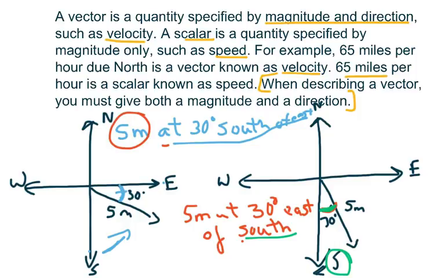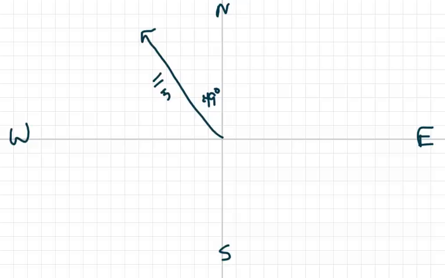Okay, so let's do a few more. We're going to go a little quicker. Here we want to state the magnitude and the direction. The magnitude is 11 meters at, now the direction.